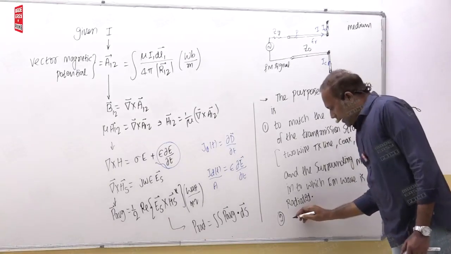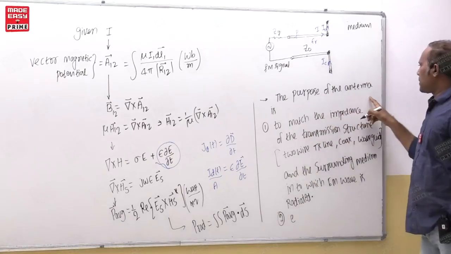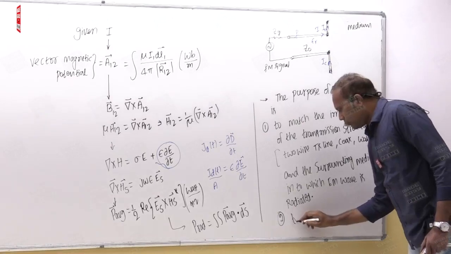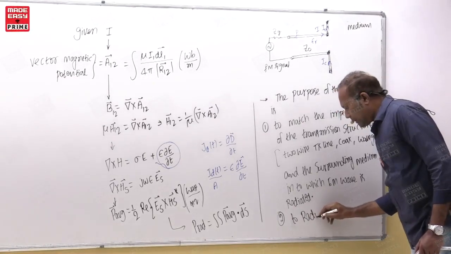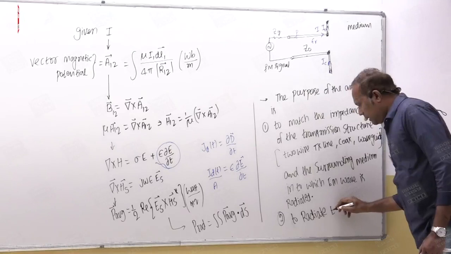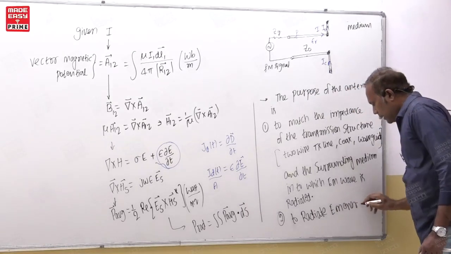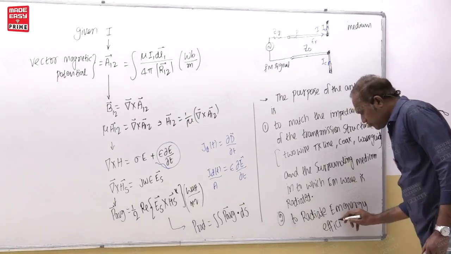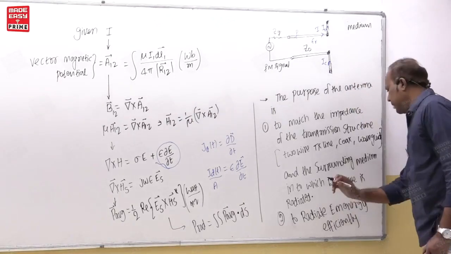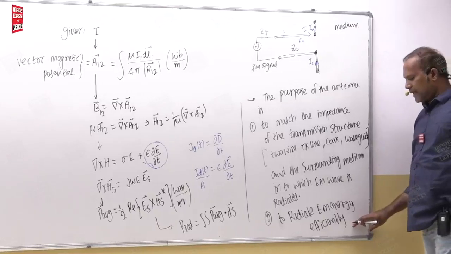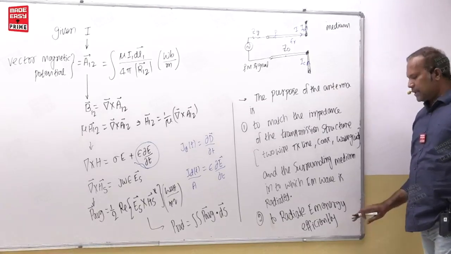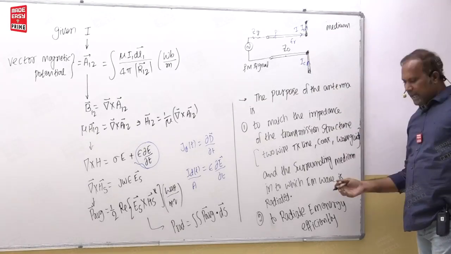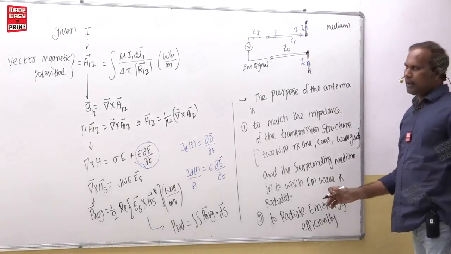So the purpose of the antenna is to radiate EM energy efficiently. A lot of meaning is there here. Efficiently means without loss, and also in a particular direction, and by adding some gain. A lot of meaning is there.